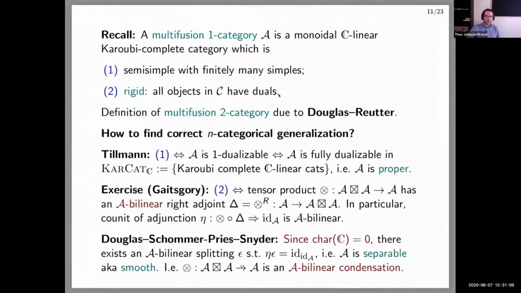This word rigid, I think, is sort of the Australian school's notion of, it just means having all duals. I'm not sure why it's called rigid. So does that criterion that they don't admit any continuous deformation also apply to your definition of higher fusion categories? That's a great question. I haven't considered it. I have no idea.